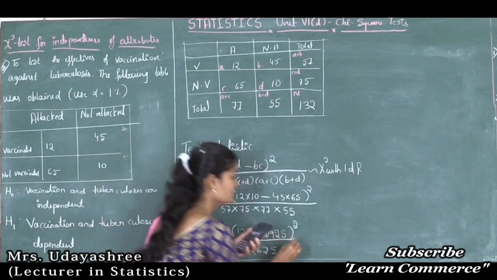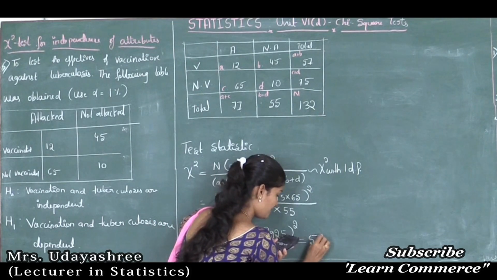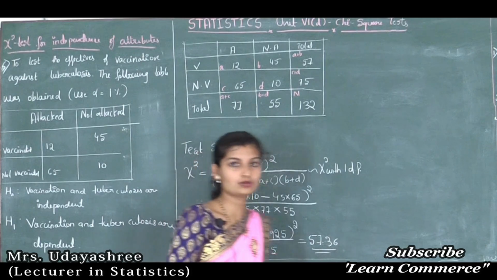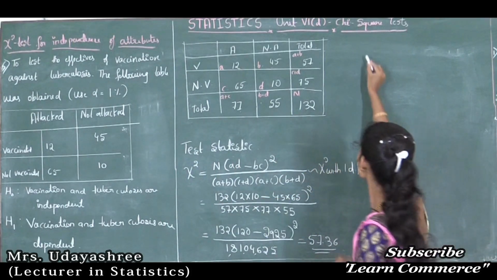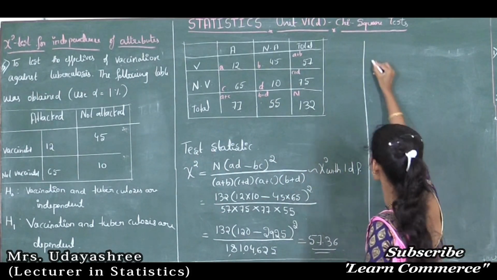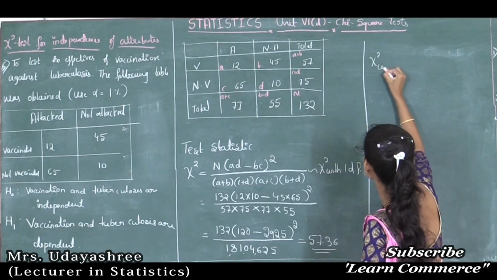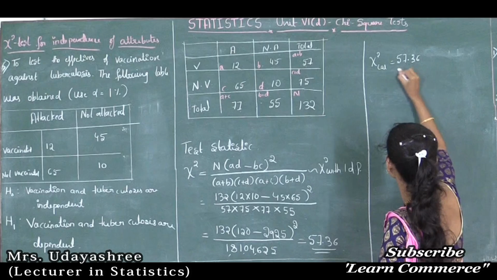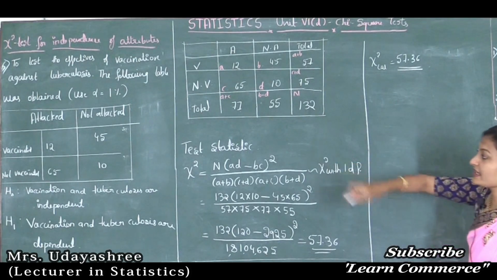Here we got the observation, that is 57.36. So this is the calculated value. So here the calculated value is 57.36.